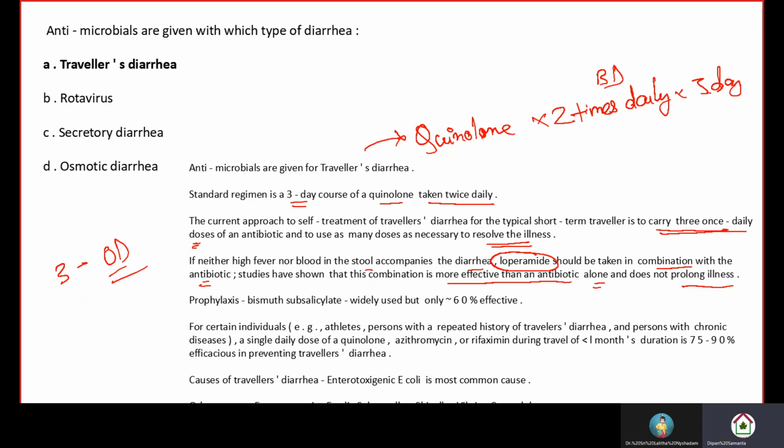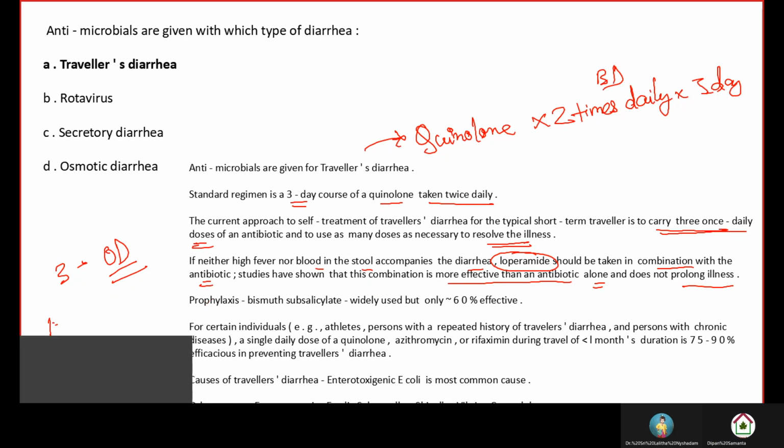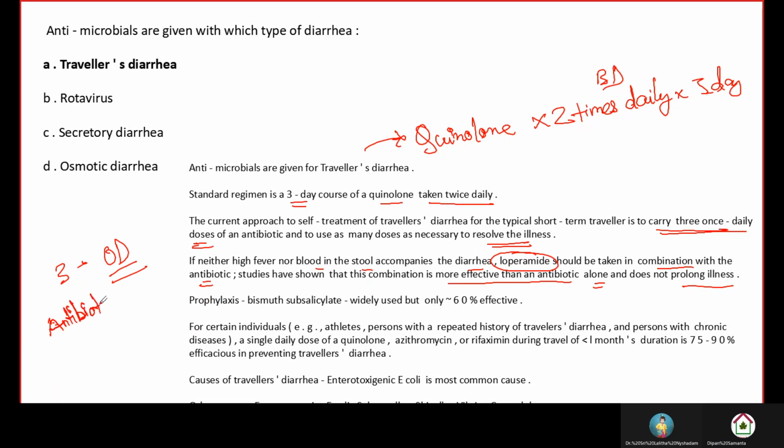So if there is no fever and no blood in the stool, then quinolone, meaning antibiotic, plus loperamide. Loperamide will constrict the external anal sphincter. Okay.